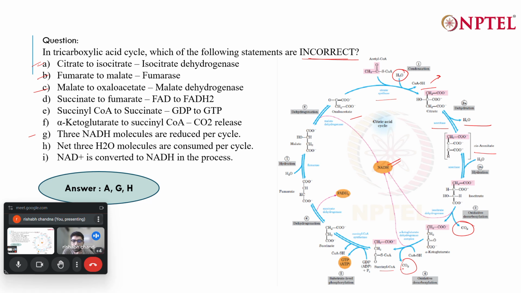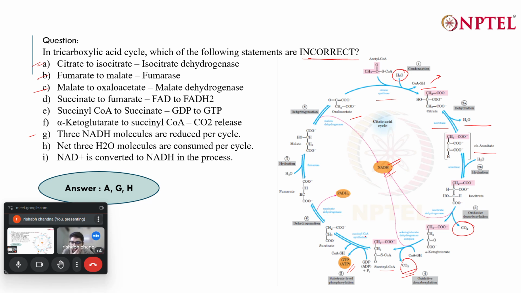So this is a decarboxylation reaction, done by the alpha ketoglutarate dehydrogenase complex. And here also one NADH molecule is formed. Then the succinyl coenzyme A is converted to succinate with the conversion of GDP to GTP, and the coenzyme A molecule is released. So this is succinyl coenzyme A synthetase.